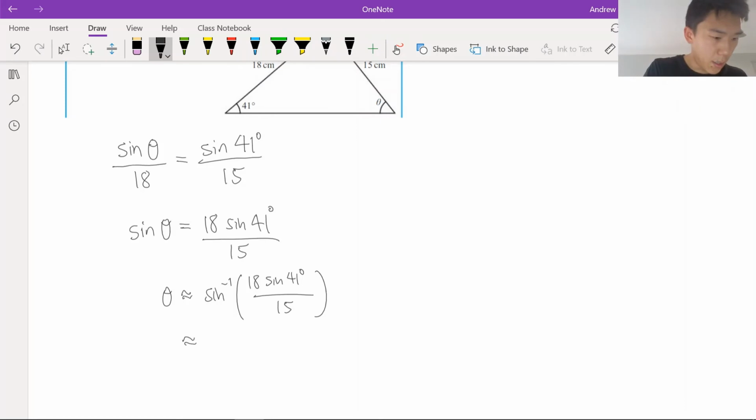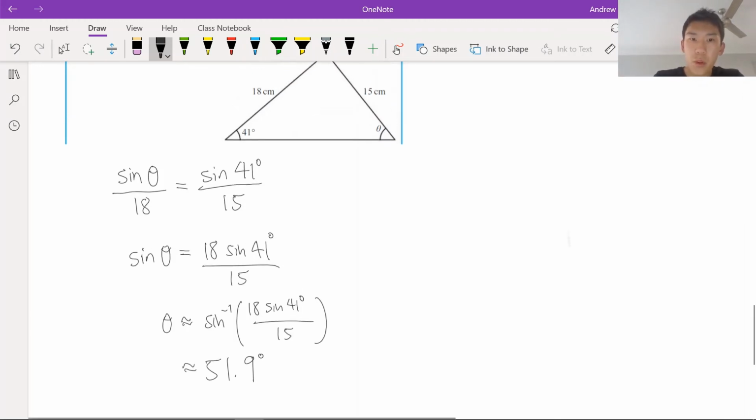Give me 1 second to type that through. 18 sine 41 over 15 equals, didn't type it properly. And I need to change calculator mode to degrees because we've been given the angle in degrees. Try again, 18 sine 41 over 15. Okay, 51.9 degrees approximately.